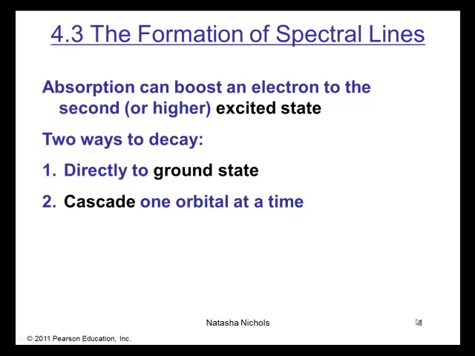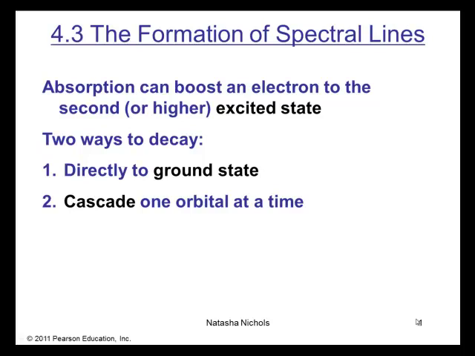And this equivalence between the energy and frequency of a photon gave us the connection between atomic spectra and atomic structure. In this part, we're going to talk a little bit more about the details of what's taking place.